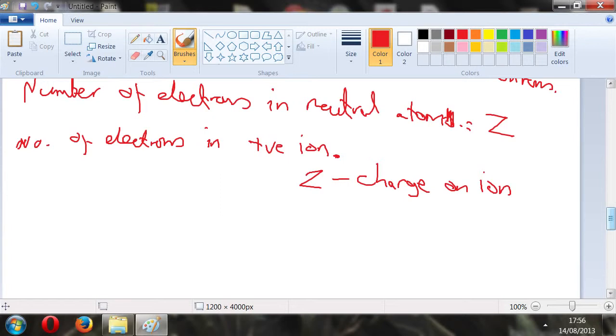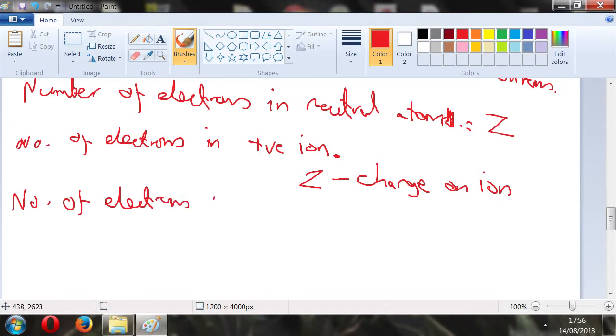So let me just think about this a bit. We've got a positive ion, we do the atomic number minus the charge on the ion, and then we have the number of electrons.